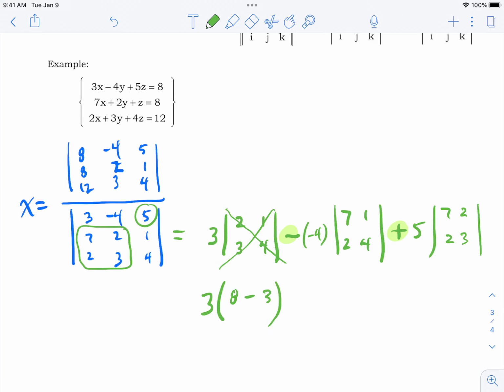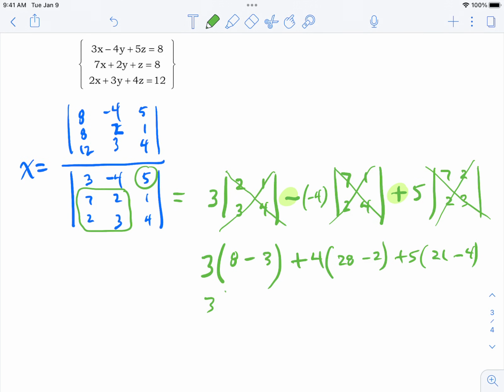So those are my two, I don't want to call them cross products, that seems to mean other things, but those are my two Zorro sword swipes. Now this minus a -4 becomes plus a 4. And then what I got here, 28 minus 1 times 2 is just 2. Okay. Plus a 5 times 21 minus 2 times 2 is 4.